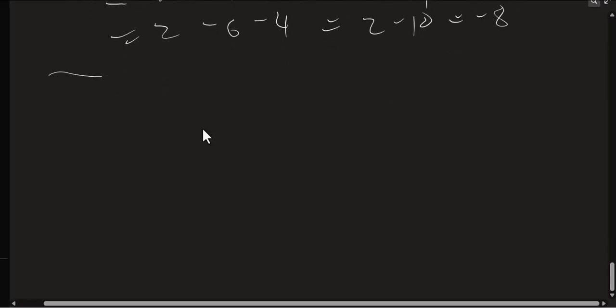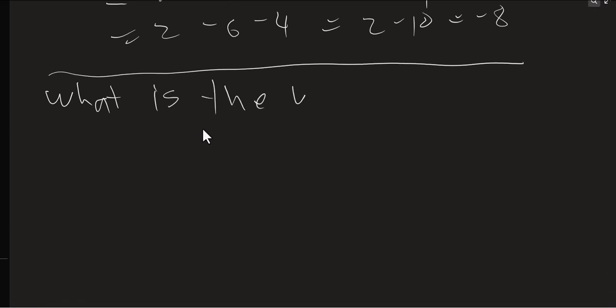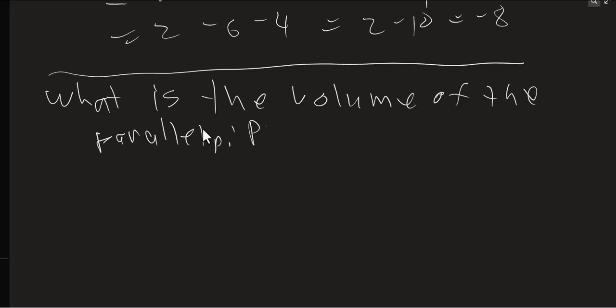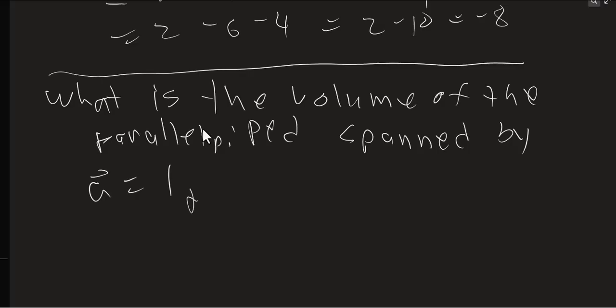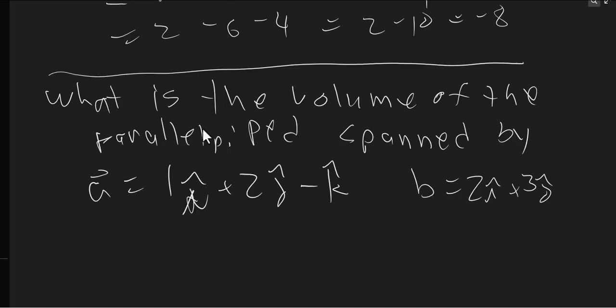Okay, so you try this one. What is the volume of the parallelepiped spanned by A equals 1i plus 2j minus k, B equals 2i plus 3j, C equals 2j plus k.